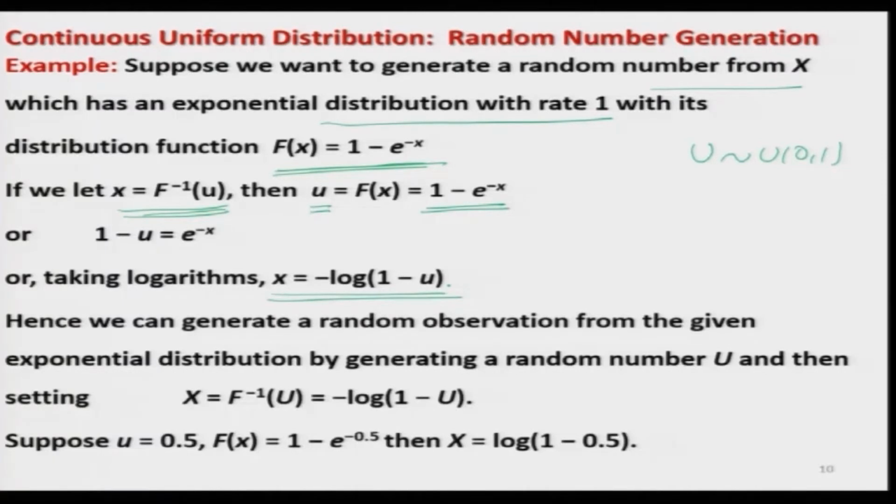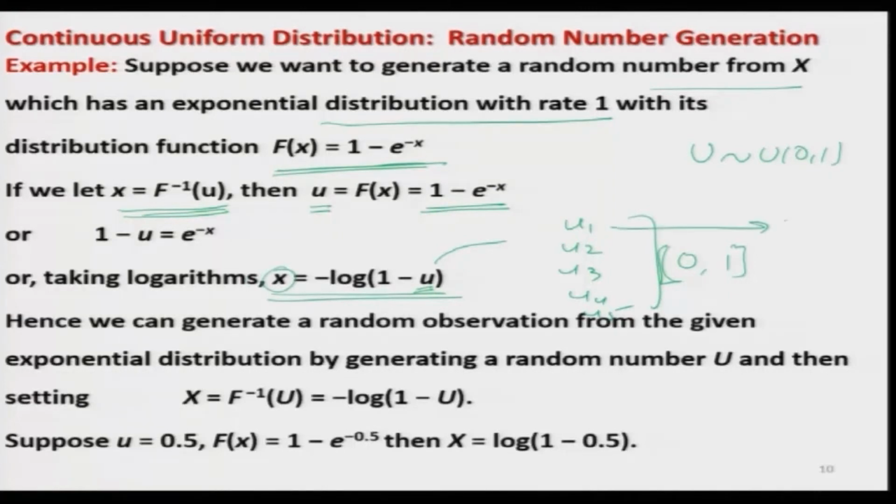So, now what do I have to do? Suppose I want to generate 5 observations. I simply have to generate 5 values of u, say u1, u2, u3, u4, u5, which all lie between 0 and 1, and substitute those values here in place of u and compute the value of x.